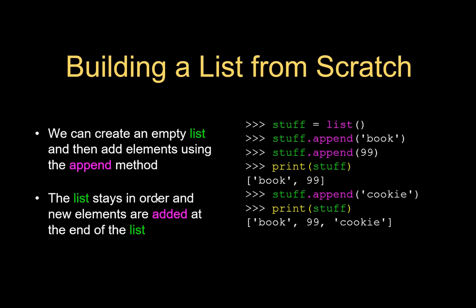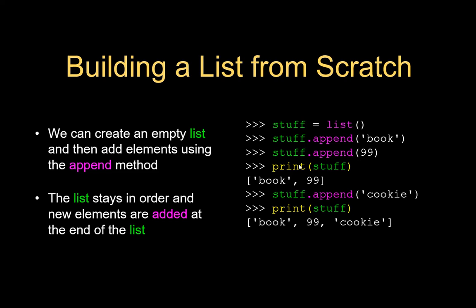Okay, so one of the ways that we can create a list from scratch is to create an empty list, put it into stuff, and use the append method. We say stuff.append, book, and then in the next line we have another append with 99.